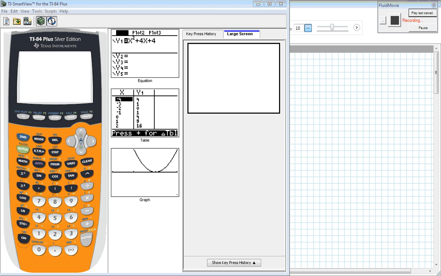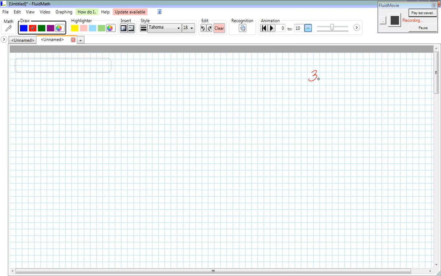unbroken eggs. Now it says, hint, use any 3 digits to represent cartons with broken eggs and 6 other digits to represent cartons with unbroken eggs. Now it says to discard the 10th digit. So one way of doing this, let's let the numbers 3, 6, and 7 represent cartons with broken eggs.